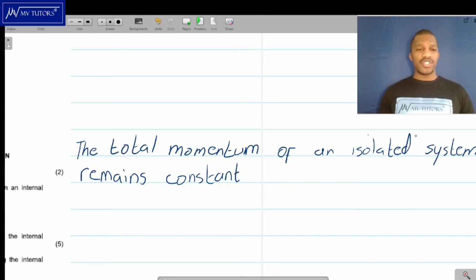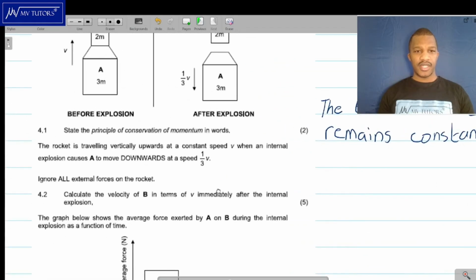It's just as simple as that. The total momentum of an isolated system, or closed system, remains constant. That means the initial is equal to the final. It's just constant. That's all.